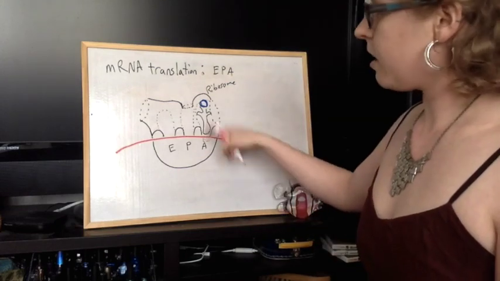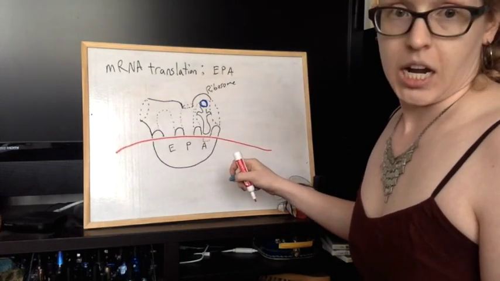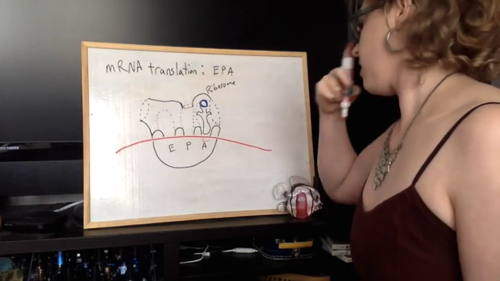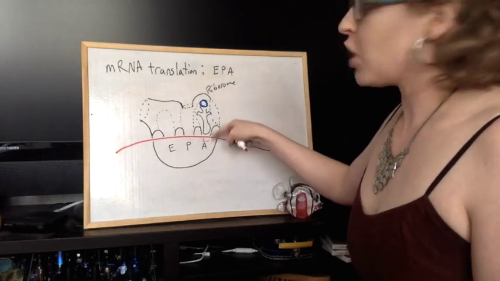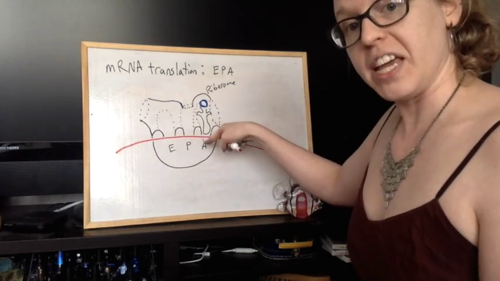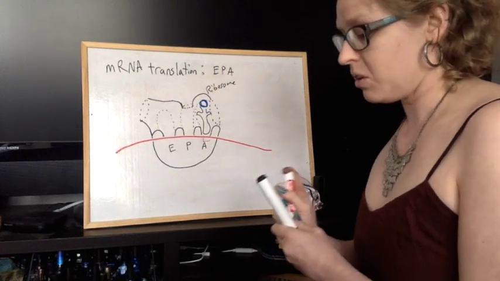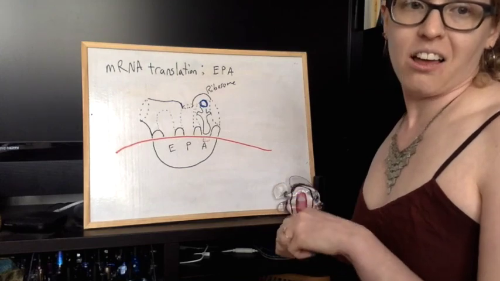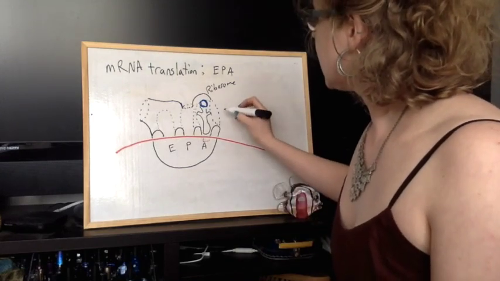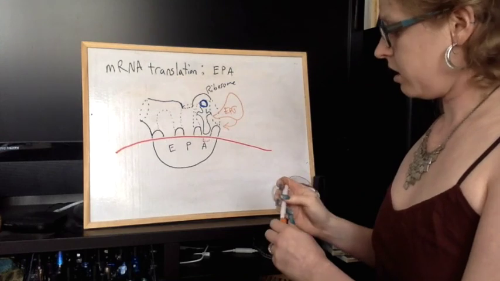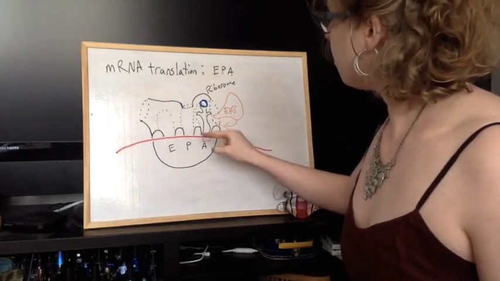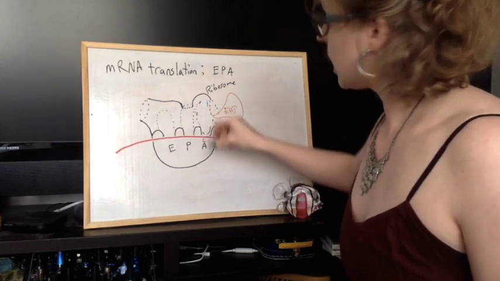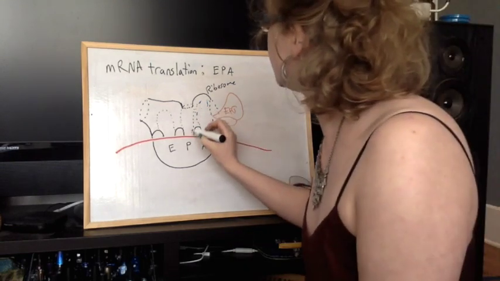They are anti-parallel. They're complementary. A bunch of them are going to check. The one that fits and that stays will signal for elongation factor G. It will, using GTP, push this tRNA over into the P site.